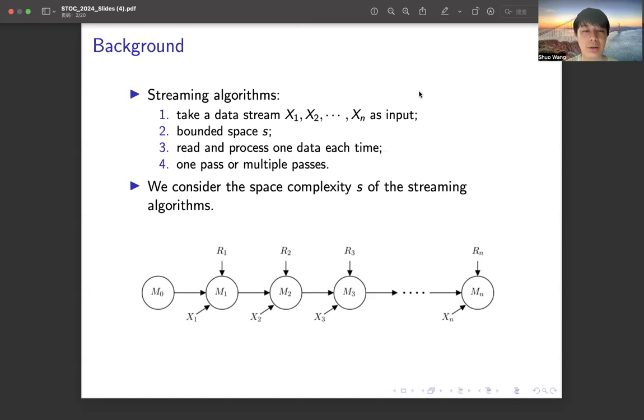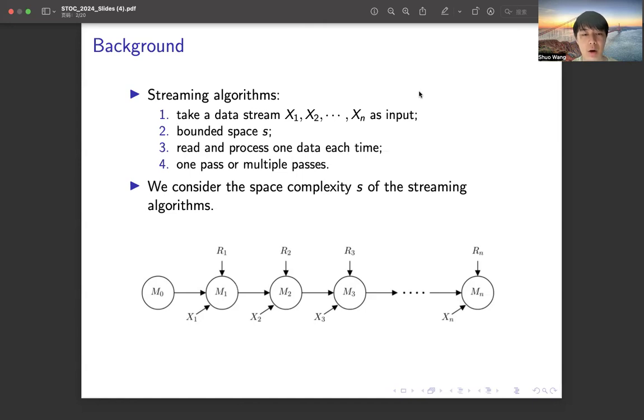Here, we use S to denote the size of the space. It often reads and processes one data item each time, and it will scan the whole data stream for one pass or multiple passes. In this paper, we consider the space complexity S of the streaming algorithms.